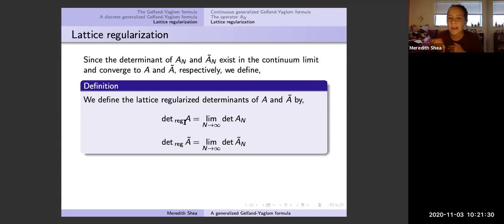So we define the lattice regularized determinants of A and A tilde by the following. The regularized determinant of A is the limit of the determinant of A_n, and the lattice regularized determinant of A tilde is the limit of the determinant of A tilde_n. So exactly what you think, just a different regularization.